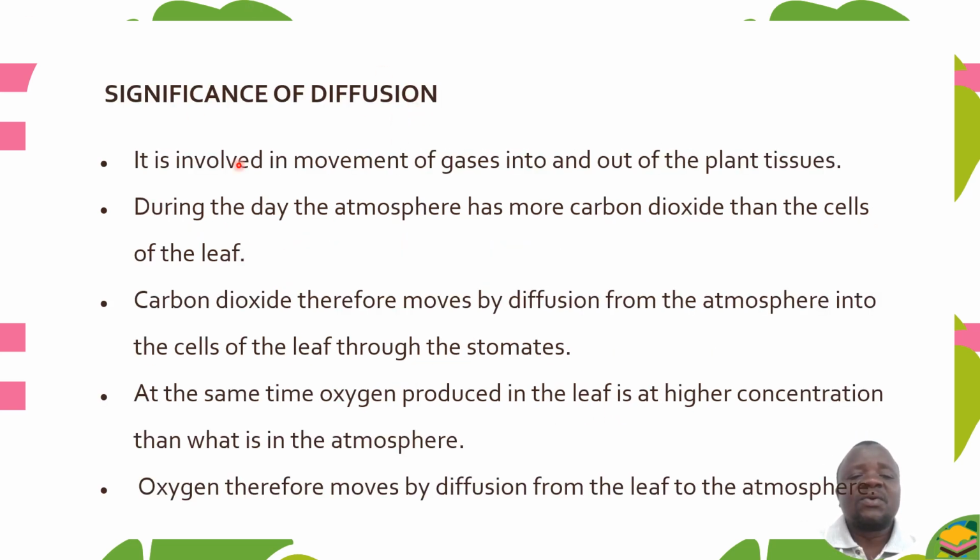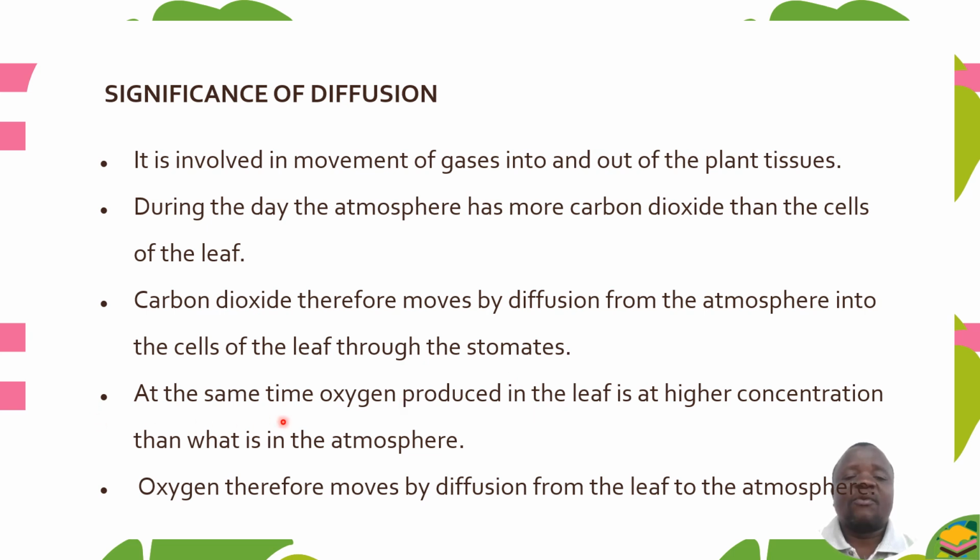Now, let us look at the significance of diffusion. Why is diffusion vital? Why is it important to simple living things as well as to large organisms? So we are saying it is involved in movement of gases into and out of the plant tissues. Remember, during the day, the carbon dioxide in the atmosphere is higher than in the leaf. So therefore, the carbon dioxide diffuses from the atmosphere into the leaf cells through the stomates.